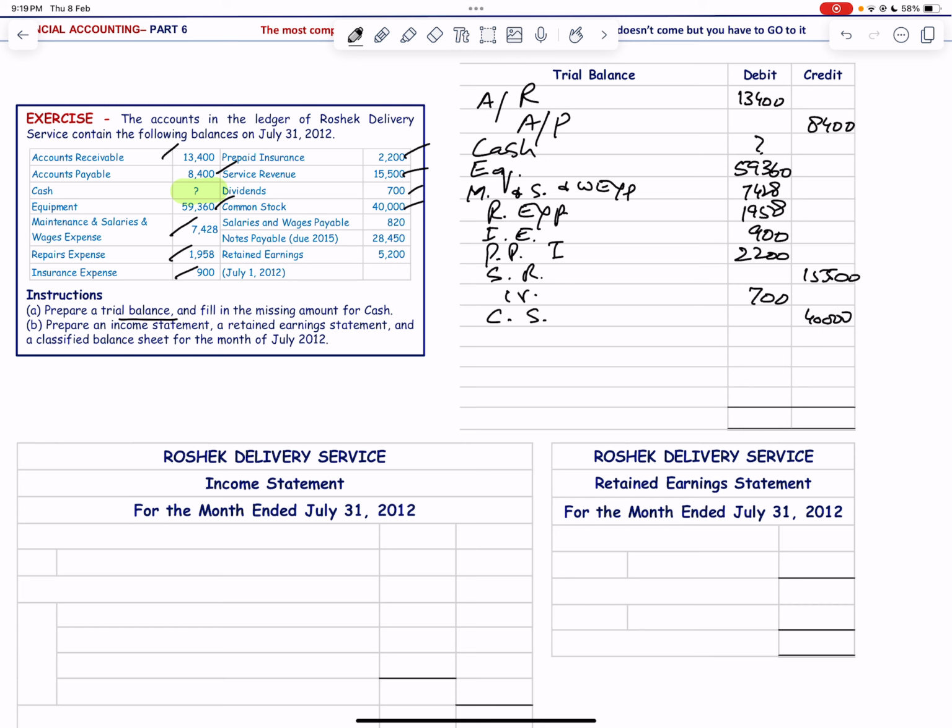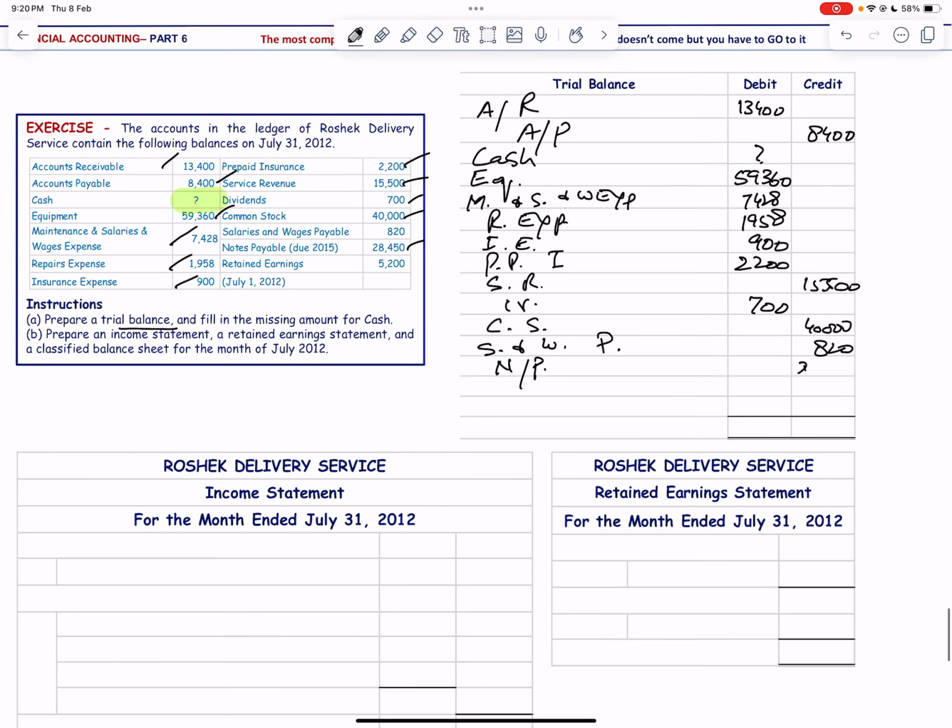Then salaries and wages payable is 820. Then we have notes payable. Notes payable is how much? 28,450. We have retained earnings of 5,200.